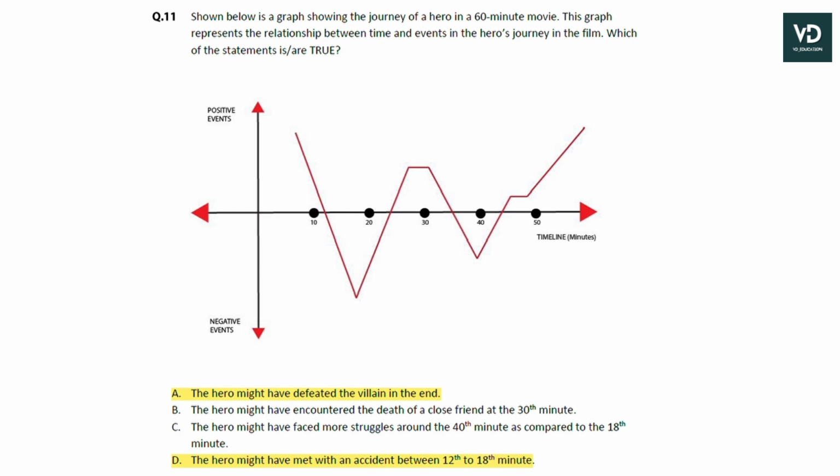As we can see, the hero's graph is positive at the end. The hero might have met an accident between the 12th and 18th minute. Here, this is the 12th and this will be the 18th, as this is the negative part and this is the 0 part. So the hero might have met with an accident between the 12th and 18th minute.